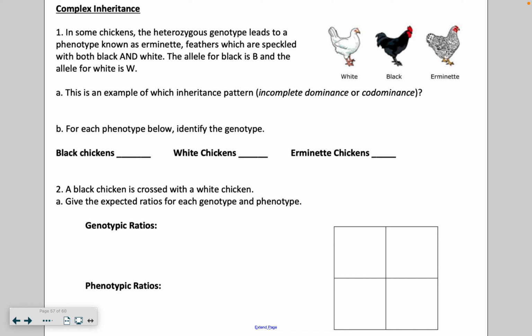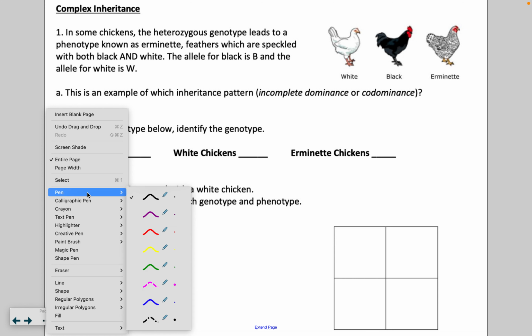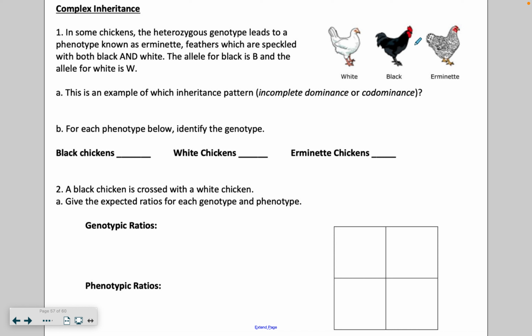They are shown in the mix on this chicken. So the question is, this is an example of which inheritance pattern? Is it incomplete dominance or codominance? Well, when both alleles, white and black, show up in the heterozygote individual, then this is codominance. So go ahead and write codominance here.